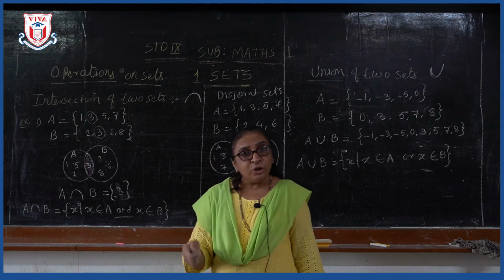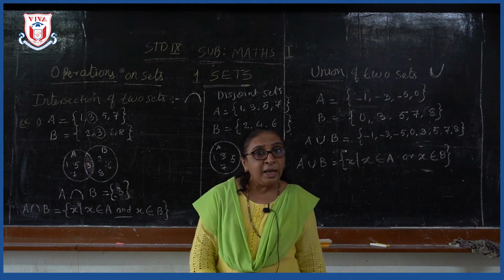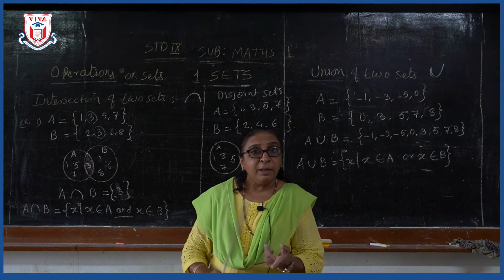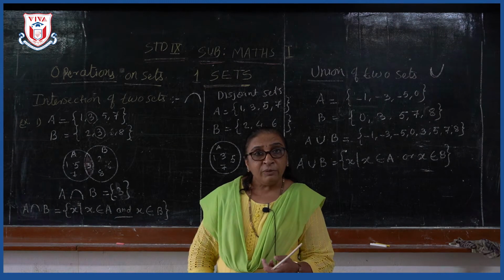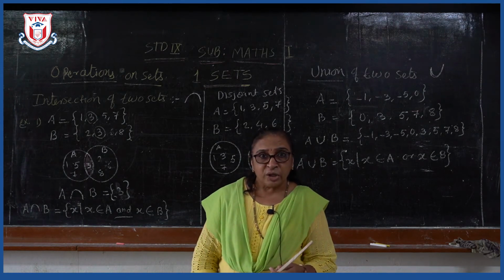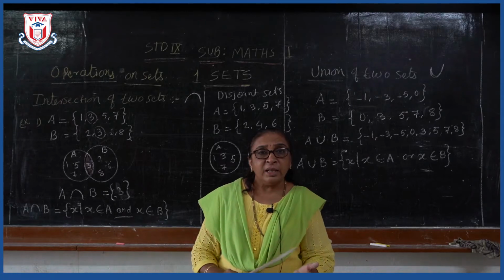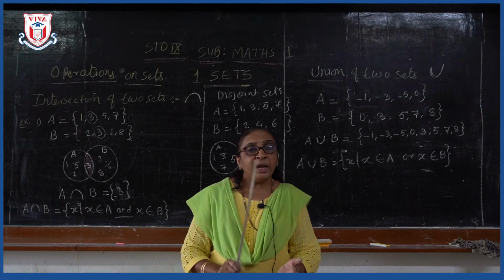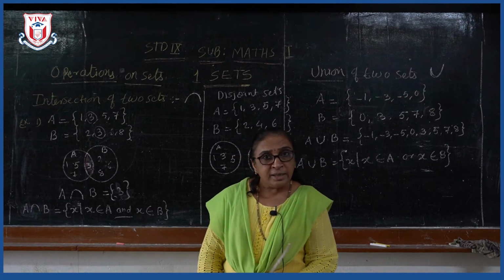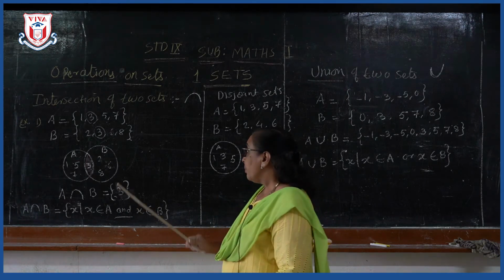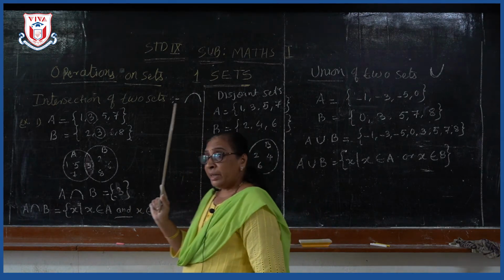Means the element should be present in A and it should be present in B also. Then we get the intersection. And if there is no common element in both the sets, then the intersection will be the empty set or null set.